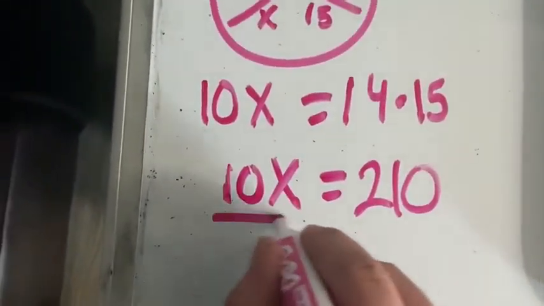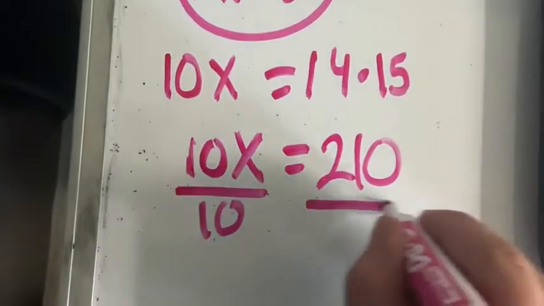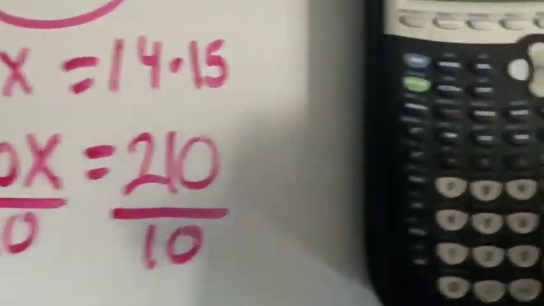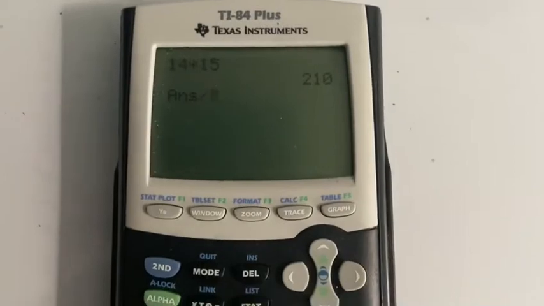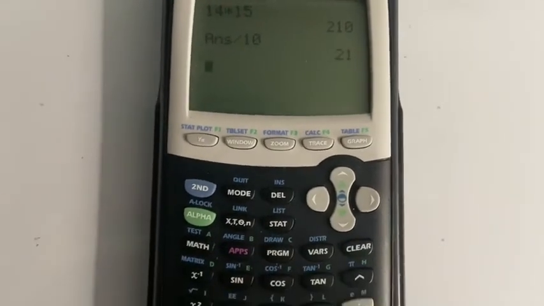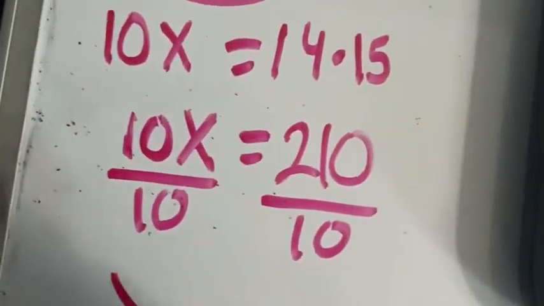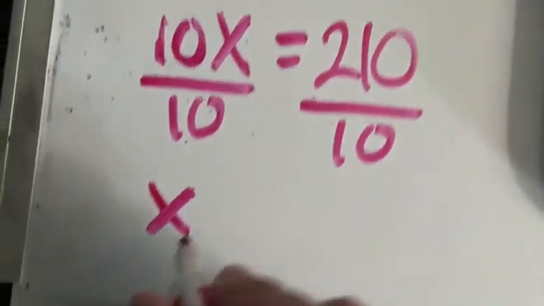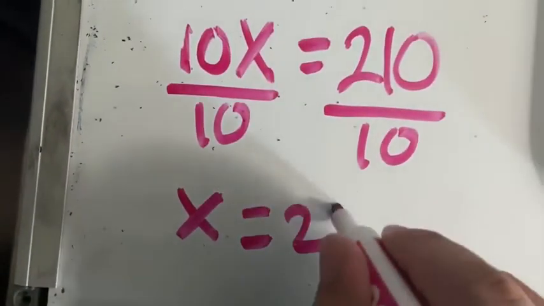Obviously, we're going to isolate the x, so we're going to divide by 10. 210 divided by 10, that's 21. So x is equal to 21.